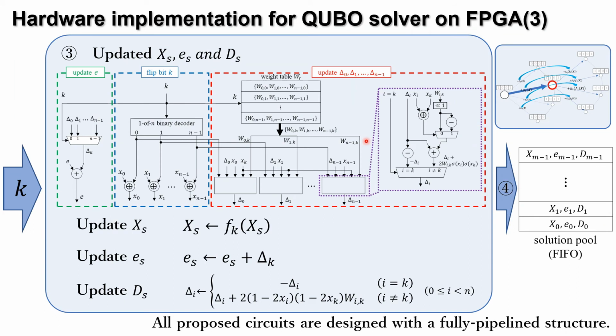Thirdly, the solution, the energy, and each delta are updated based on the flip bit using this circuit. Finally, the instance is enqueued to the solution pool. Also, all proposed circuits are designed with a fully pipelined structure.